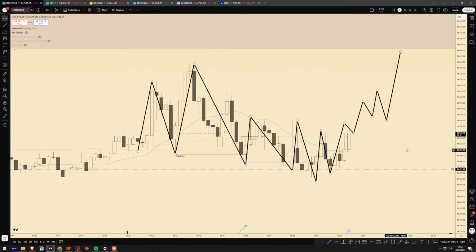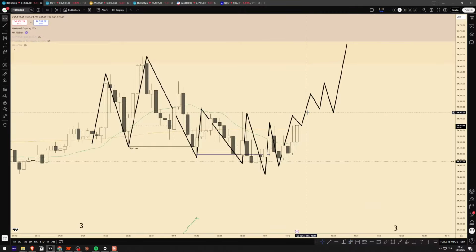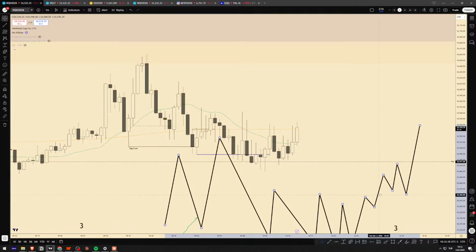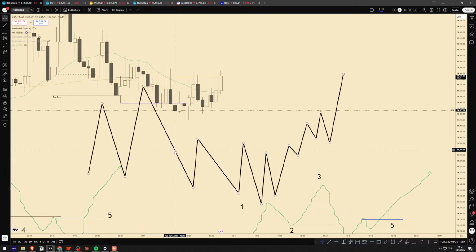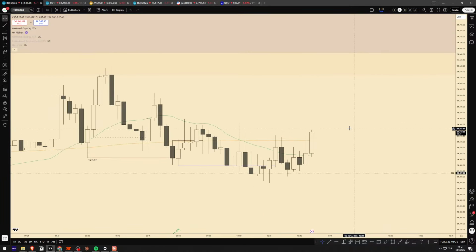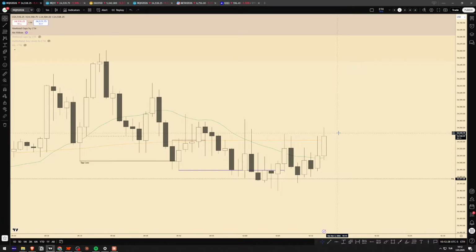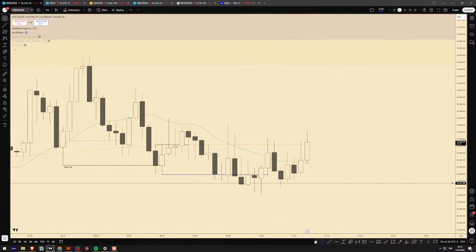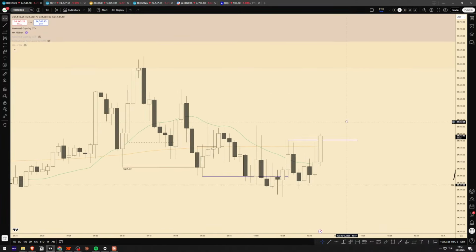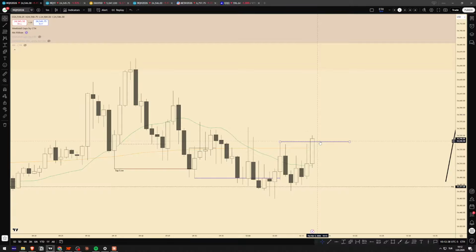But since price has been a really slow grind over here, I want to be more cautious. Right now it is looking nice. It would be lovely to see a close above this level. A close above this immediately brings the partial.